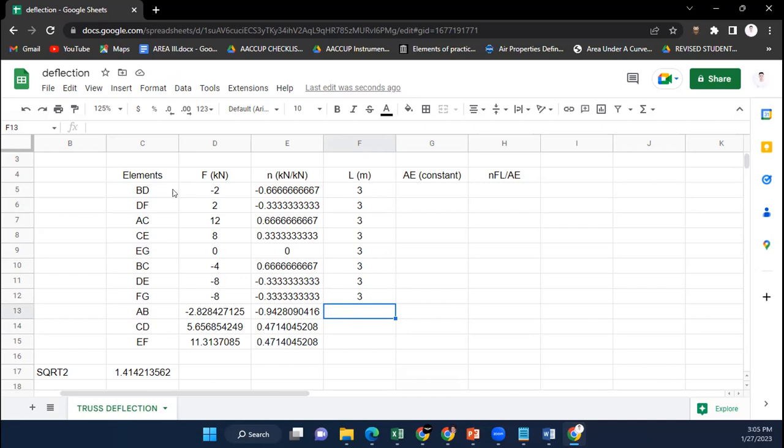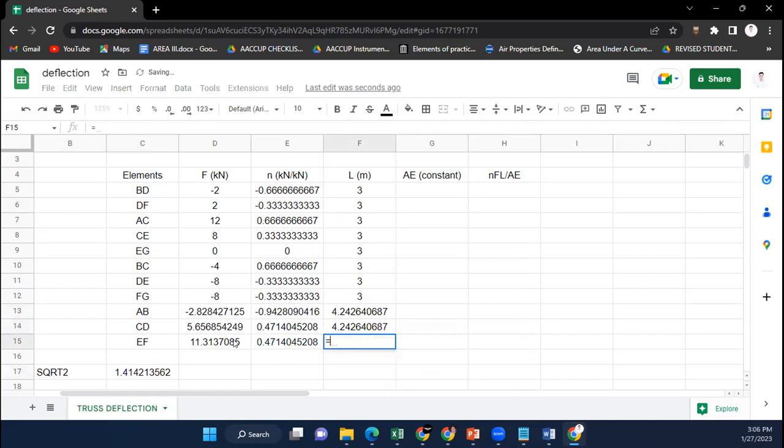So, sa diagonals, simply Pythagorean lang naman, no? So, square root of 9 plus 9. Okay, so check lang natin, no? So, 3 squared plus 3 squared. Okay, so 4.24. Okay, so that is 3 times square root of 2.